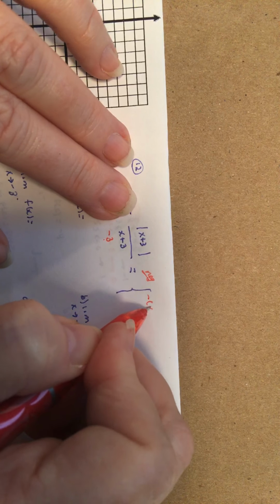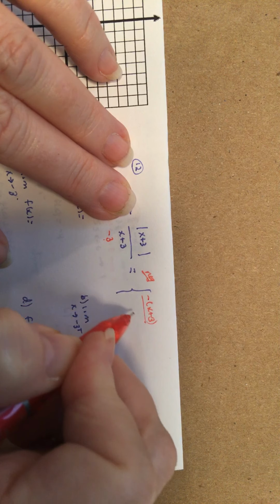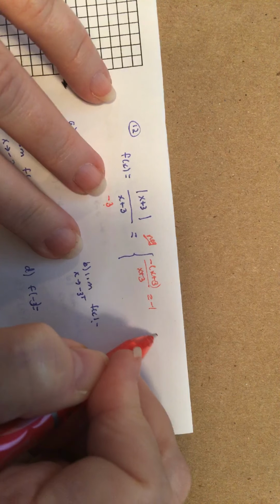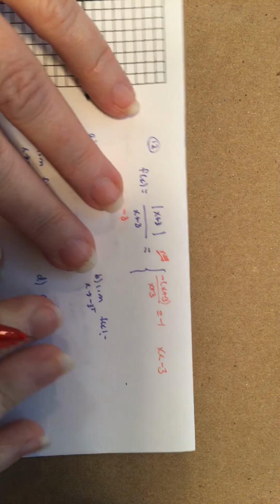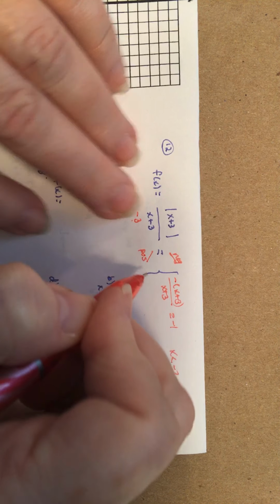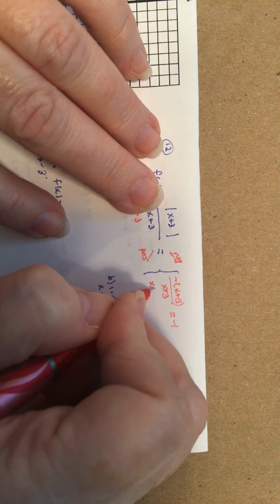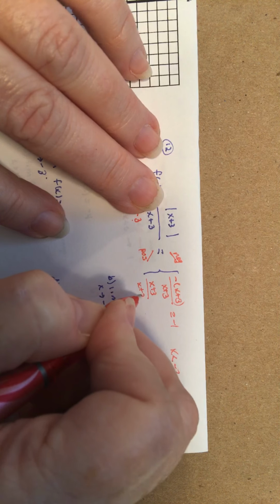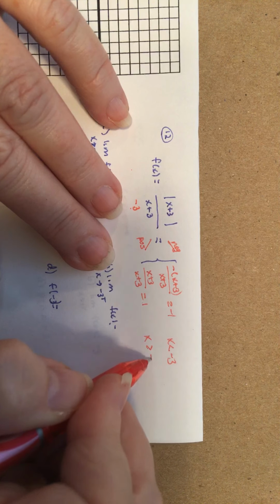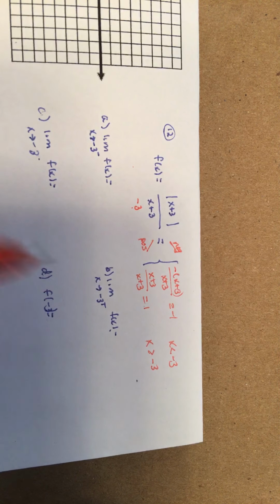So I need to negate. And that's when I'm less than -3. And then what happens when the contents are positive? What you see is what you get. And I'm still getting the +1, but now to be positive, my x has to be greater than.